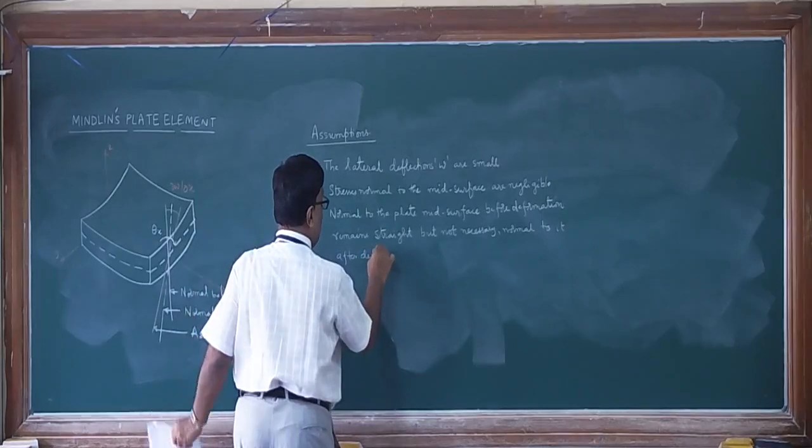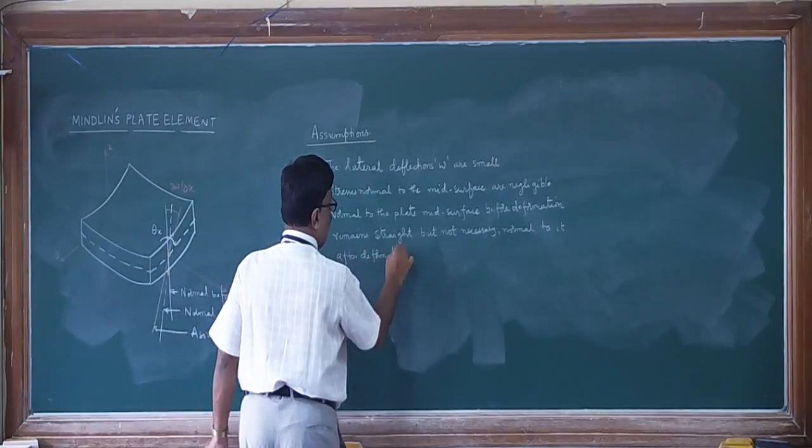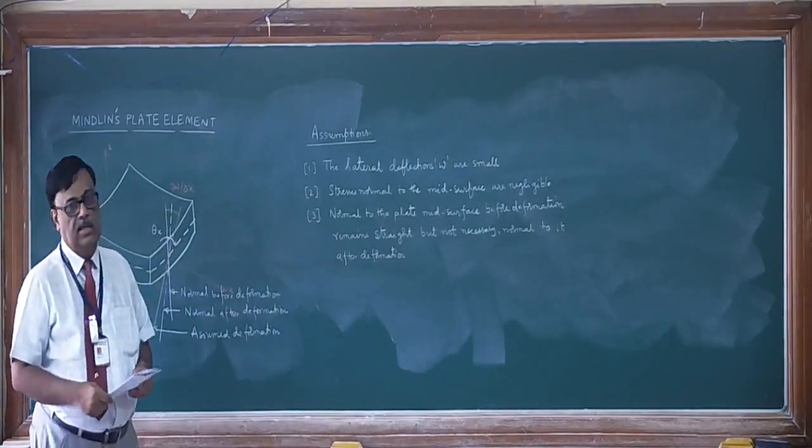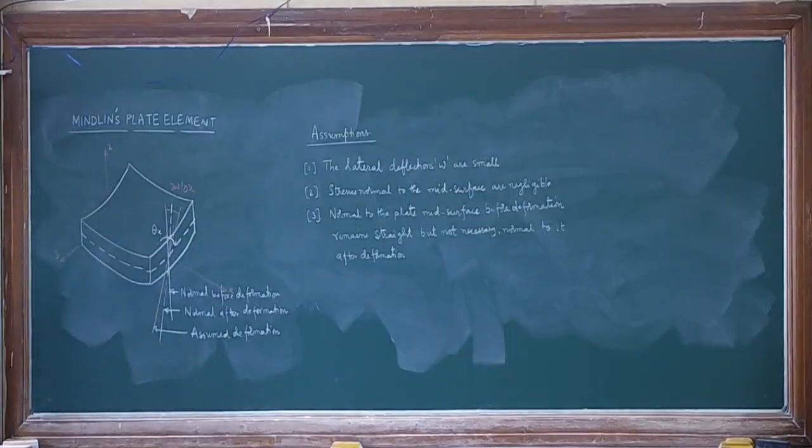You can see that in the figure, the normal is no more remaining as it was. So therefore, we can say these are the three important assumptions made by Mindlin.